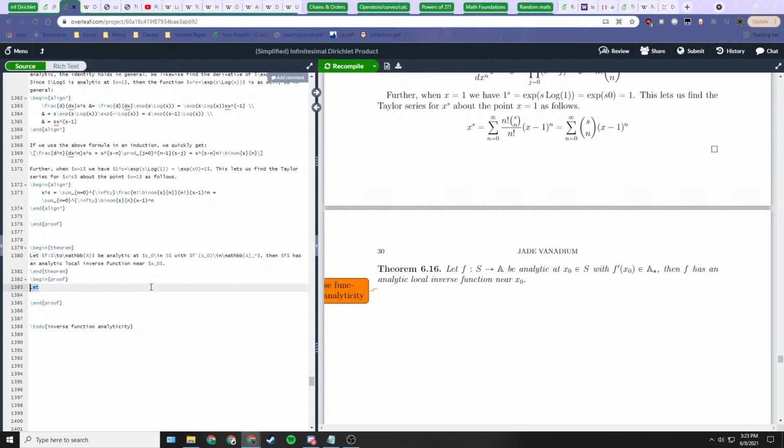We'll take the case that f is, actually, let a sub n, a_n, be the coefficients of the Taylor series f of x equals the sum over n of a sub n times (x minus x0) to the power n, or something to this effect.